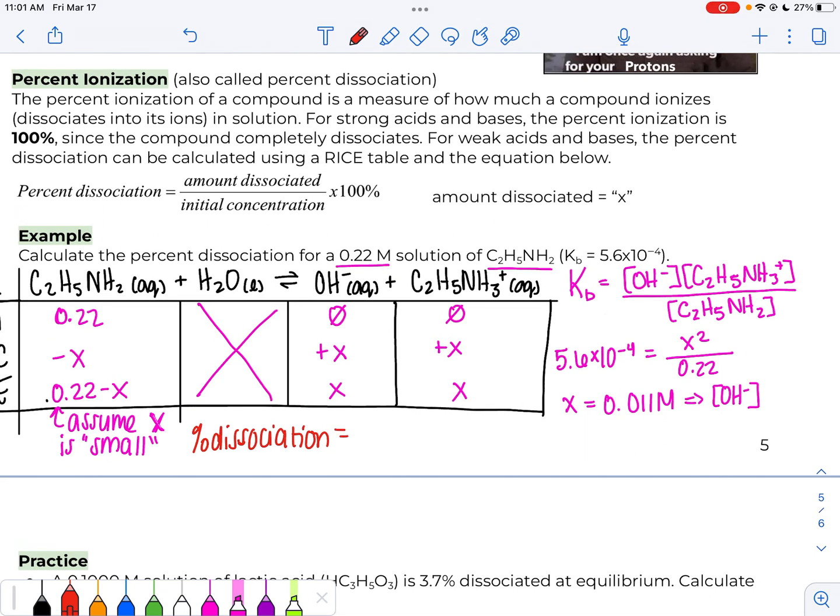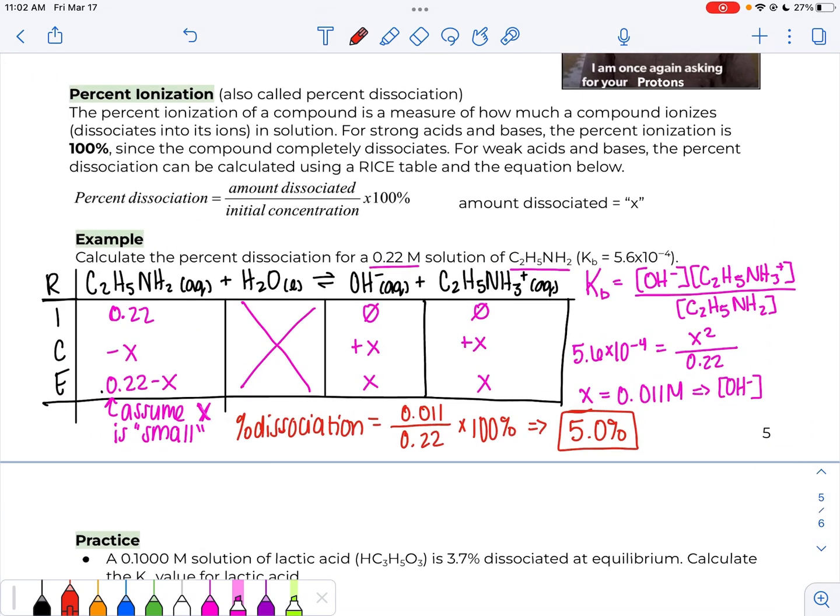I take my amount dissociated, which is 0.011, divide it by my initial concentration, which was 0.22, and multiply by 100%. When I do this, I get a percent dissociation of 5.0. So this tells us that 5% of our base dissociated into solution.